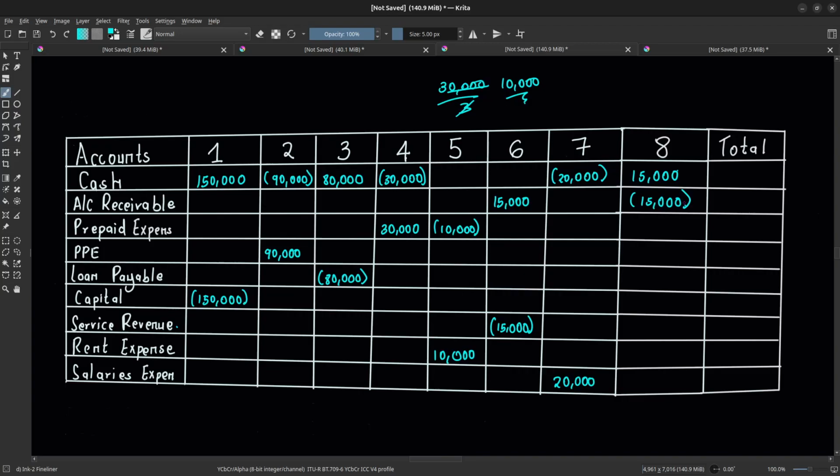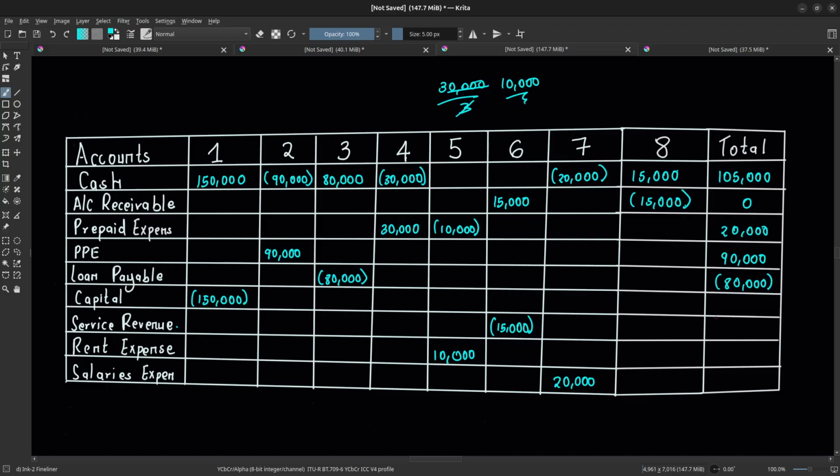When we sum for cash account, we're going to have a total of 105,000. And then for account receivables, they're going to balance out to a zero balance. Then for prepaid, we have 20,000. Then for PPE, we have 90,000. Then for loan payable, we have a credit of 80,000.